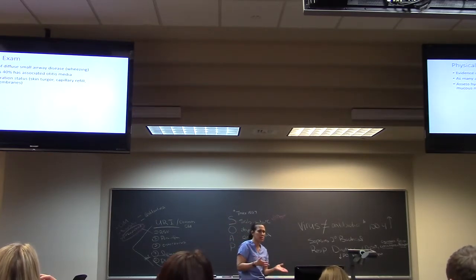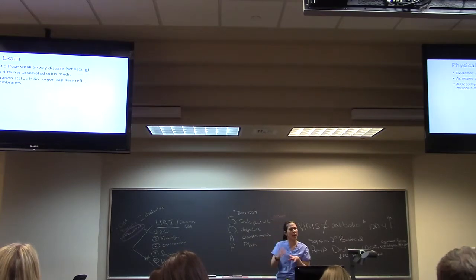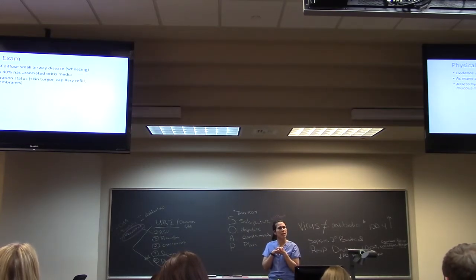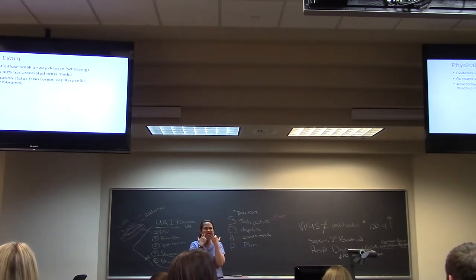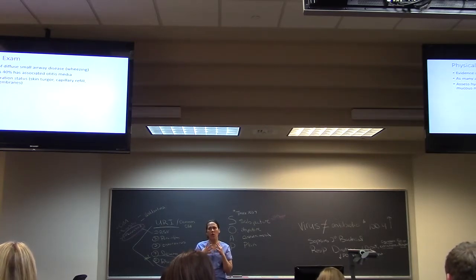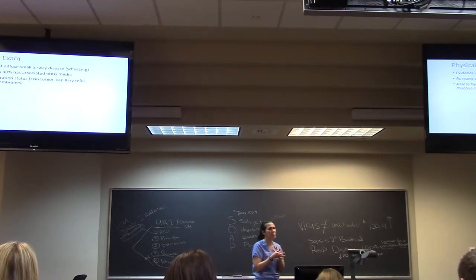Less than 2 seconds to pink back up is great. Anything over that, you think a little bit of dehydration. Also mucous membranes, you pull the little kid's mouth up, and if it's tacky, that's a sign of dehydration. And these are all things you document when you're talking about pediatric patients.